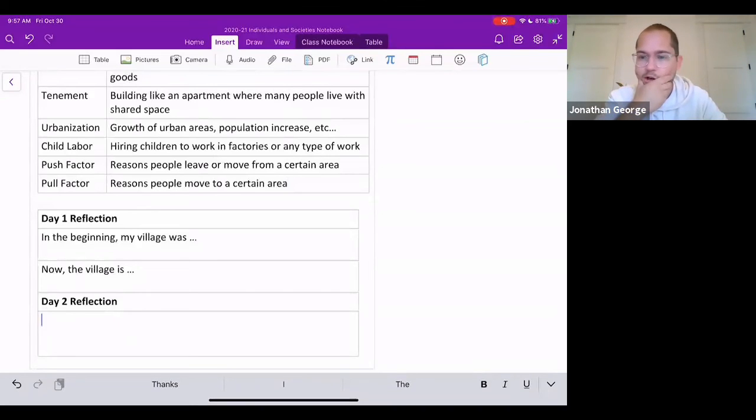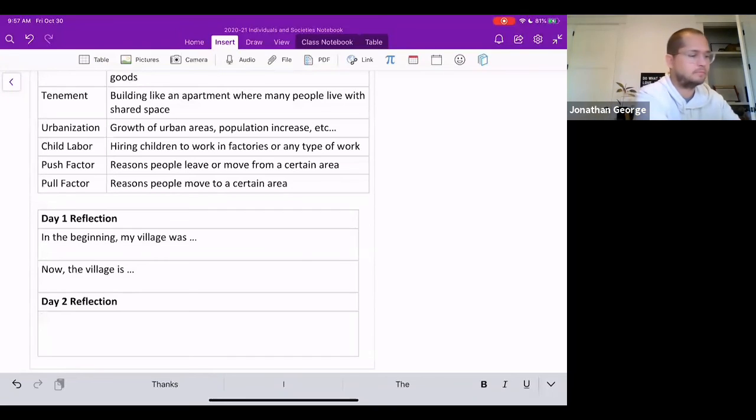Here's your reflection, y'all. I want you to tell me, using the terms push and pull factor. Okay, this is day 2 reflection. Why were people moving to this? Why did people move to your village, to your town? What's the pull factor that caused people to move to your town? And put it in the reflection.